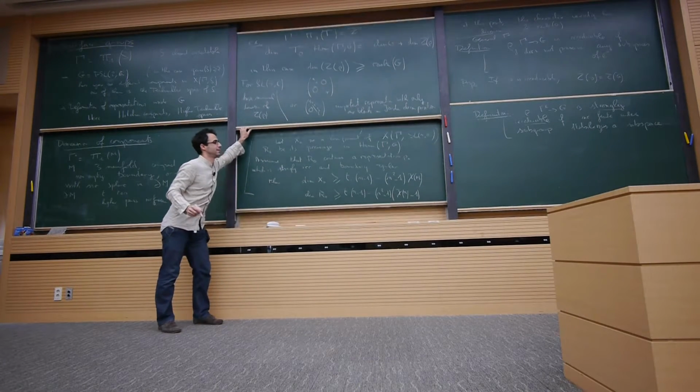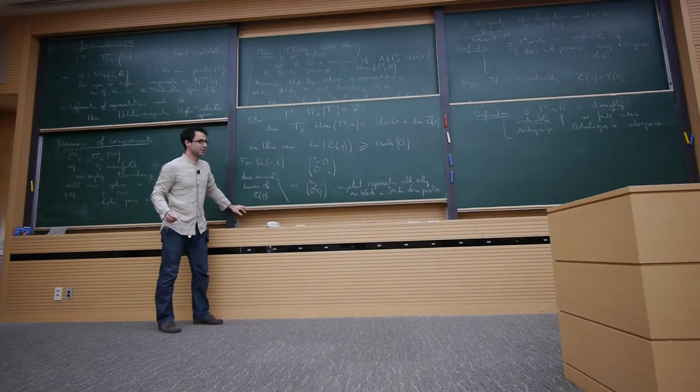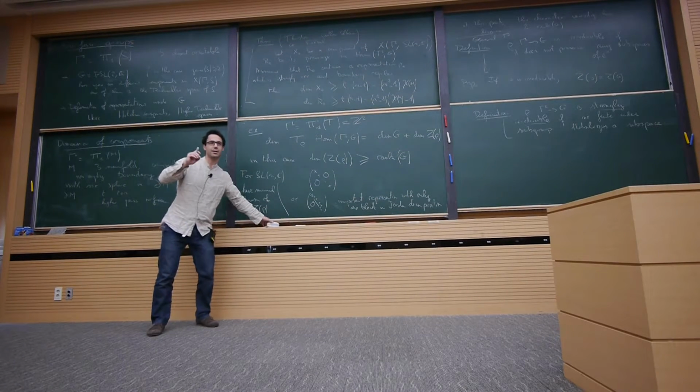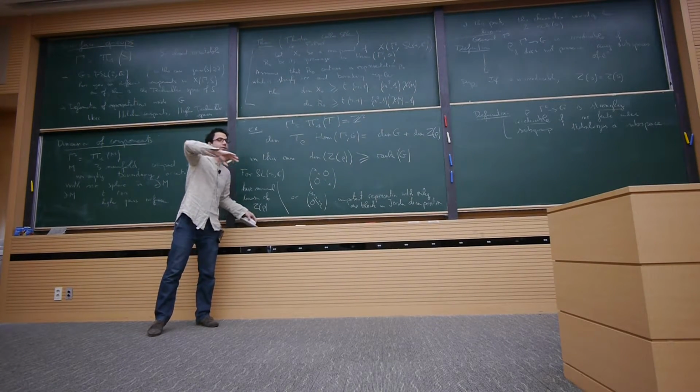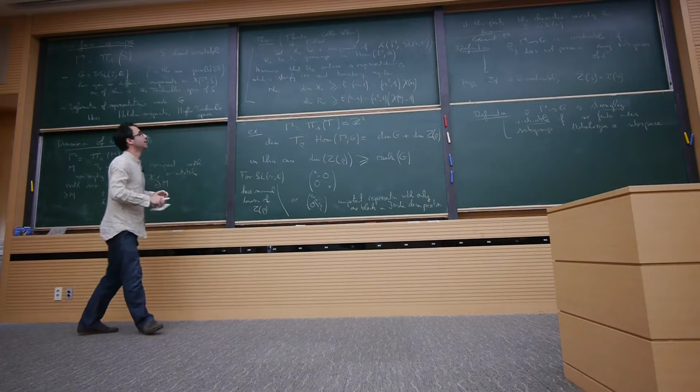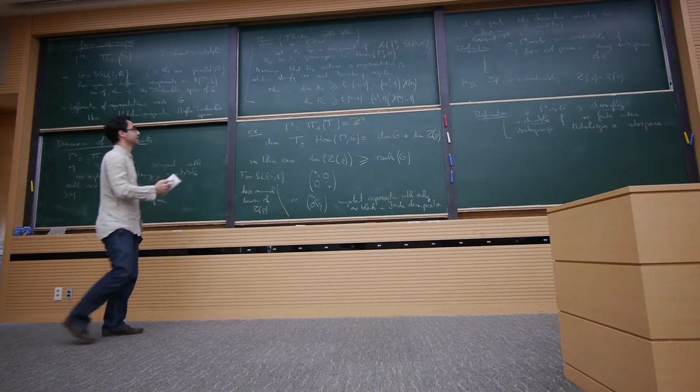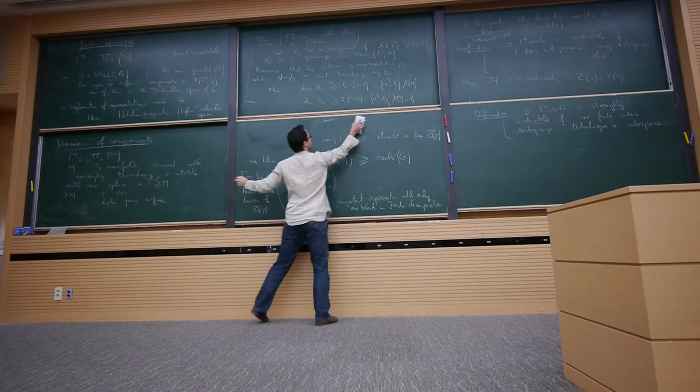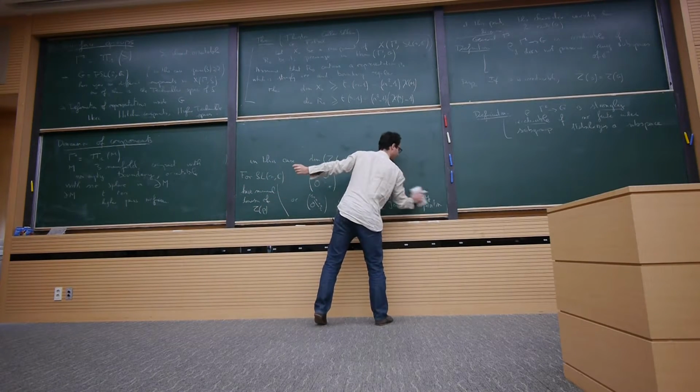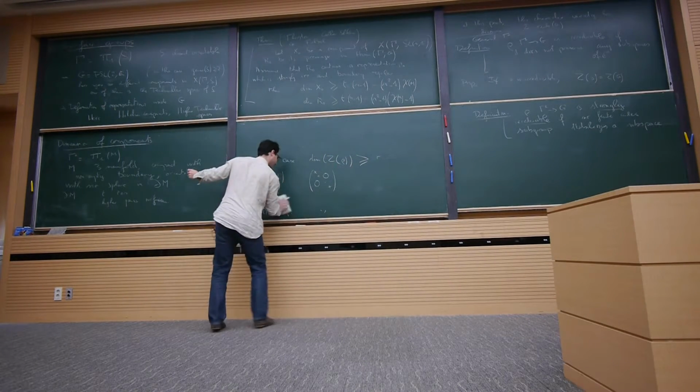So it is striking that a single representation gives you such information on the whole component of the character variety.